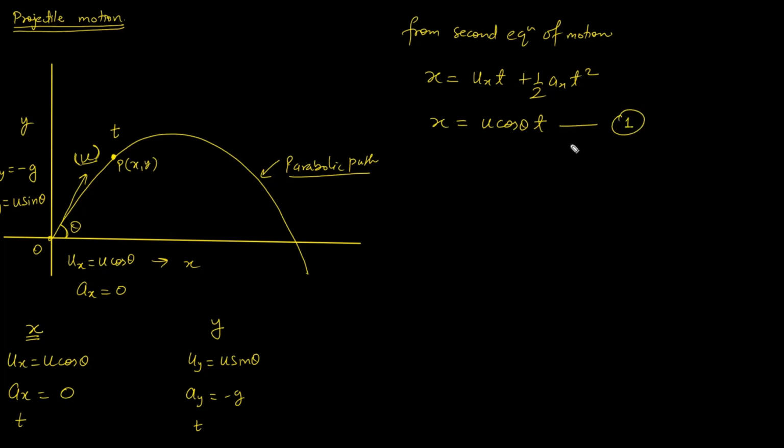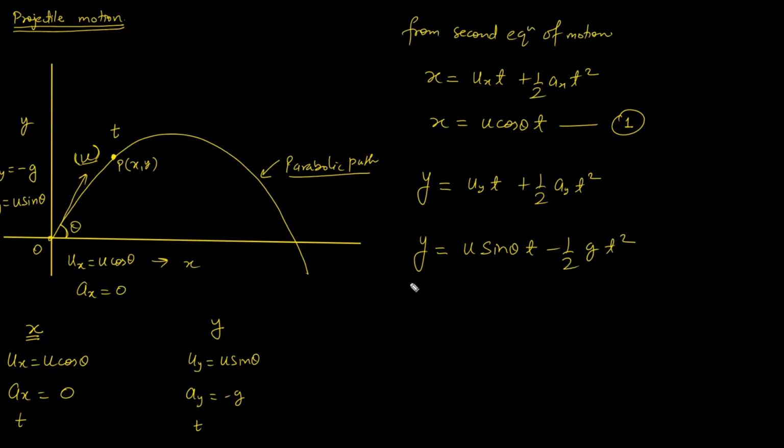It will give us the first equation. Same way, y equals uy t plus half of ay t square, substituting the values of uy and ay. uy is u sin theta and ay is minus g.